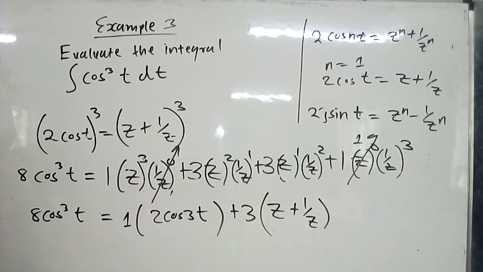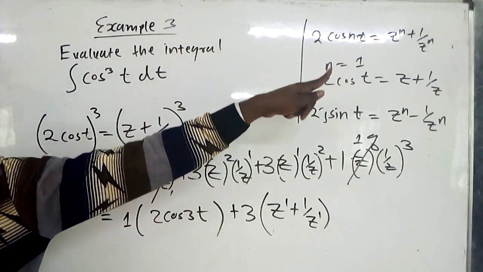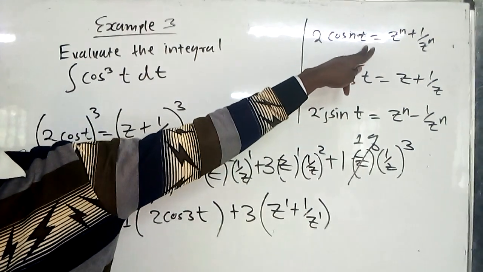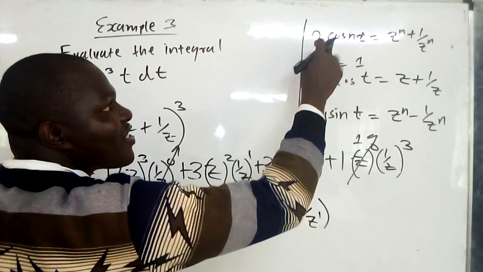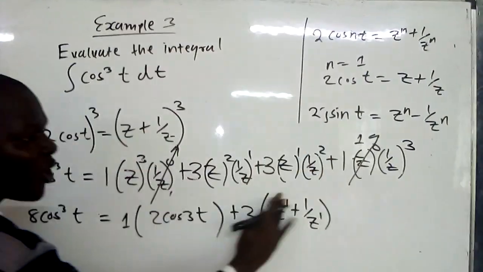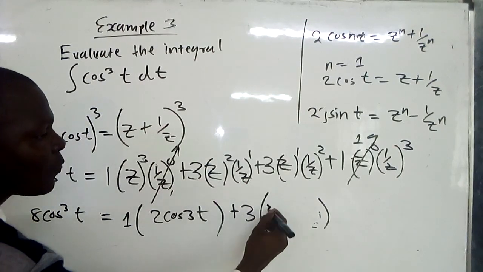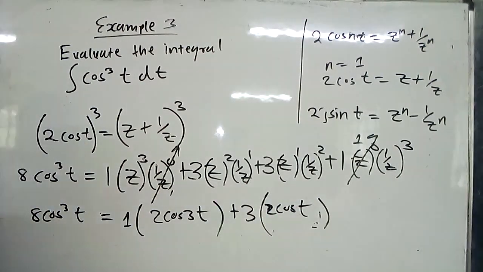Are you seeing that? Then you move to the other one, z is power 1. When z is power 1, you go to the one with addition. The one with addition is the cosine, isn't it? So when n is 1, where there is n, you put 1. Meaning this is the same as 2 cos t. Meaning the whole of this is the same as 2 cos t.